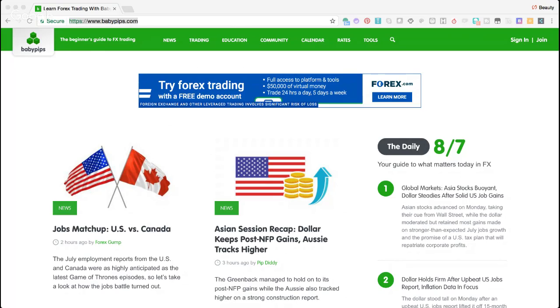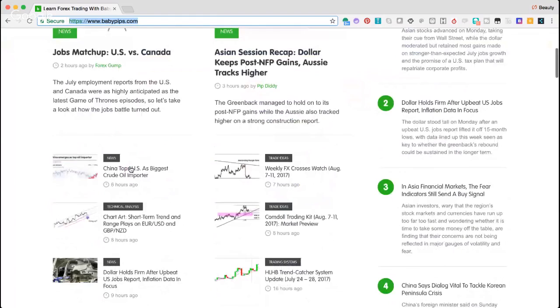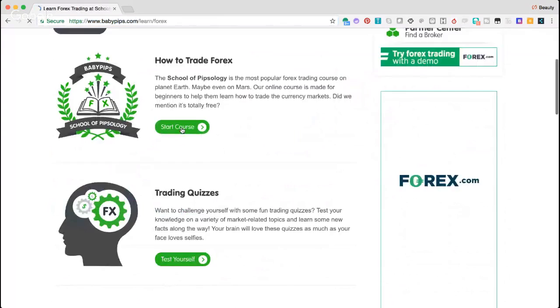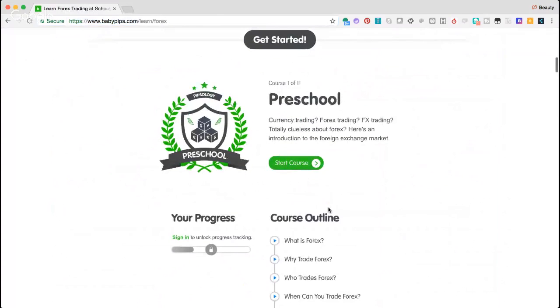And the lesson today. So what you do is you go to the Education tab. We're going to start the coursework. We know where we are. We've done preschool.